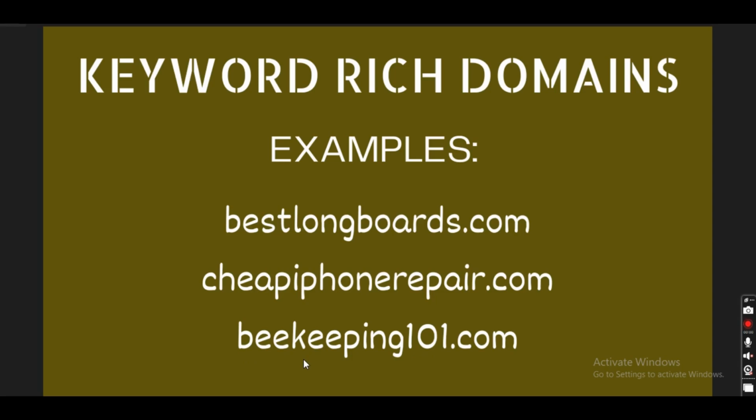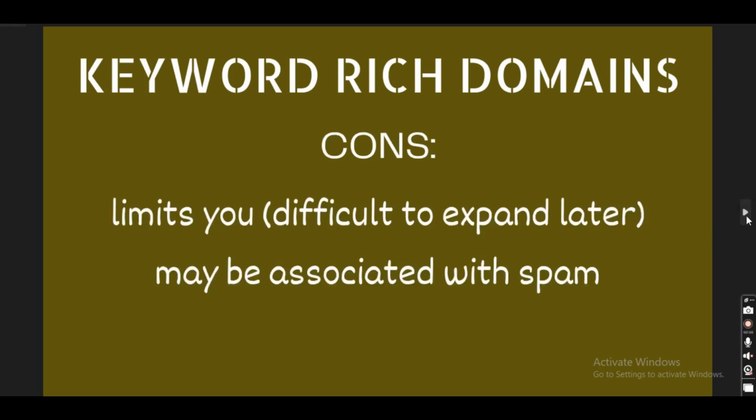I don't even know if ant is a bug or probably an insect, but I know that there are so many other types of bugs that you can talk about. But if you just name your website beekeeping, you are only limited to talking about keeping bees. So you can't expand it. It kind of limits you. But with a branded domain, you can expand and talk about other stuff.